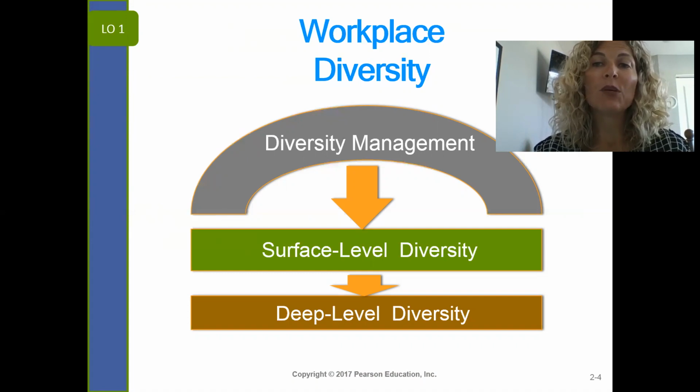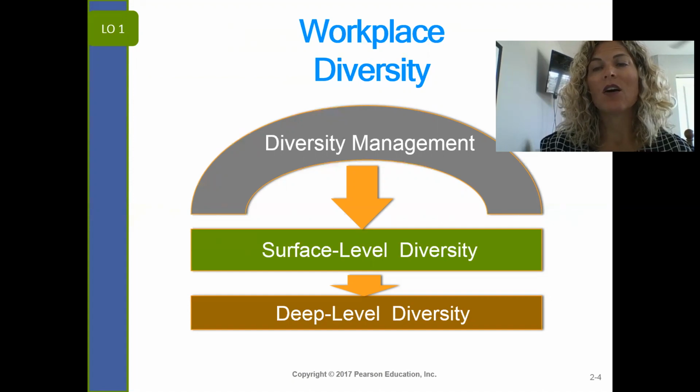Diversity also is a lot deeper than that. When we think about deep level diversity, we're looking at people's values, personality, things that we can't know about a person just by looking at them or by looking in their personnel file. So we want to recognize that there's more to someone than just that surface level. Diversity is much more than just those factors.